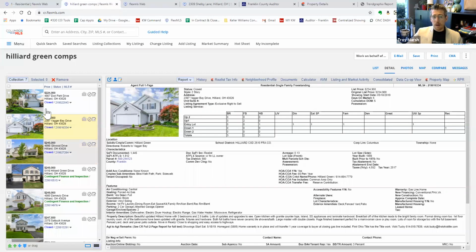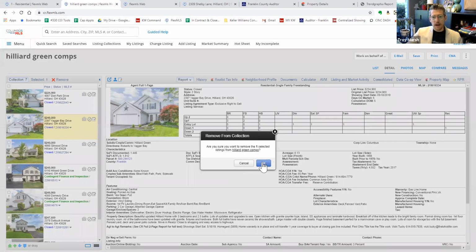Now, the reason I probably wouldn't end up using this property is because it did have a finished basement. It's 2 full baths, but it also went on the market last May, which is a really old comp. And probably by the time the appraisal happens, it's not going to be valid. So I'll probably remove that.